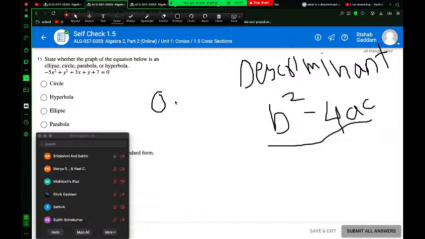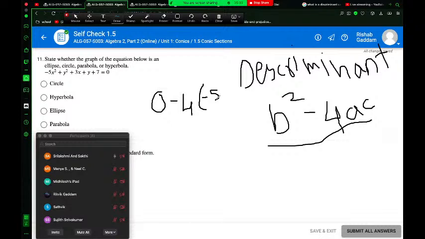So 0 minus 4 times, because there's a 4, you're multiplying 4 times a and c. Oh, right. Okay, so 4 times negative 5x squared. It's just negative 5, because you're only looking for the coefficients.